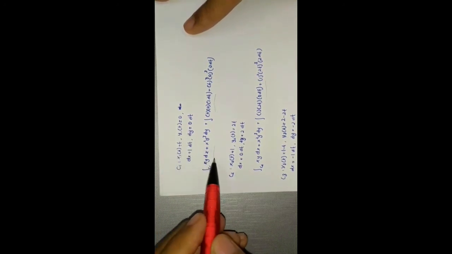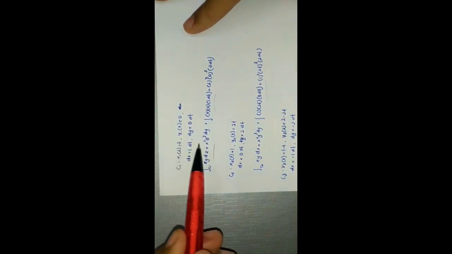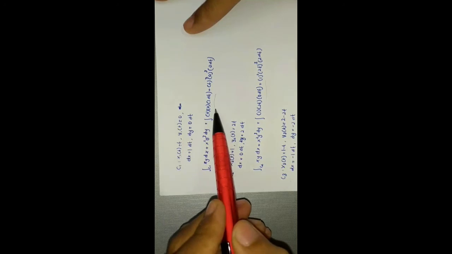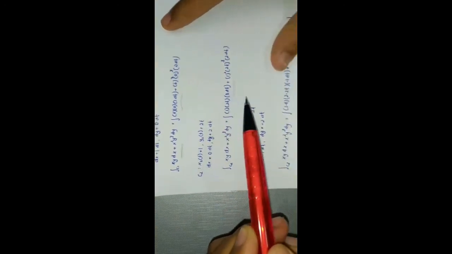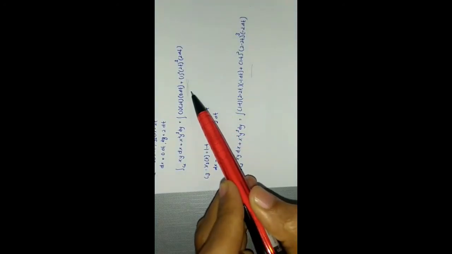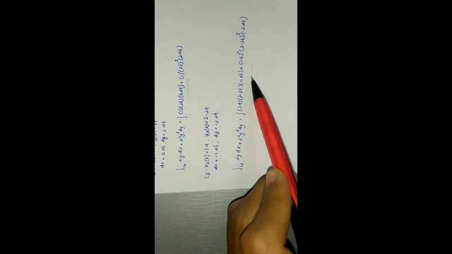By that, we will substitute each of these values into our question. By substituting them, this is what our new integral looks like. The same method is applied for C2 and C3, and this is what the substituted integrals look like. This is for C2 and this is for C3.